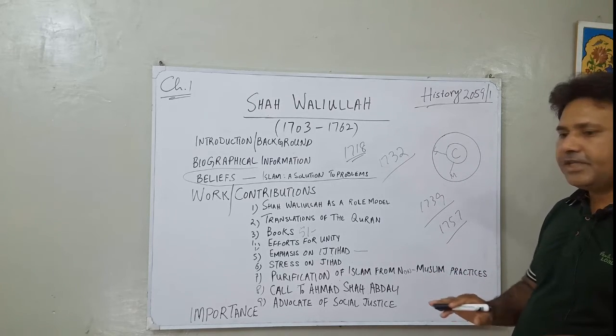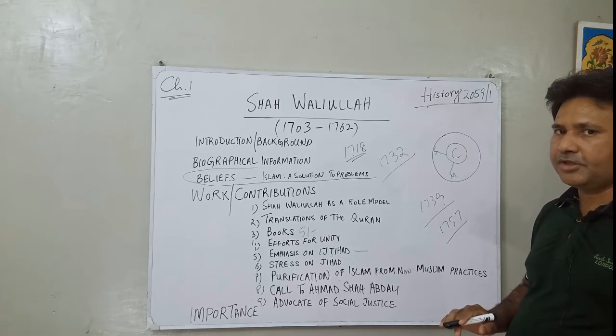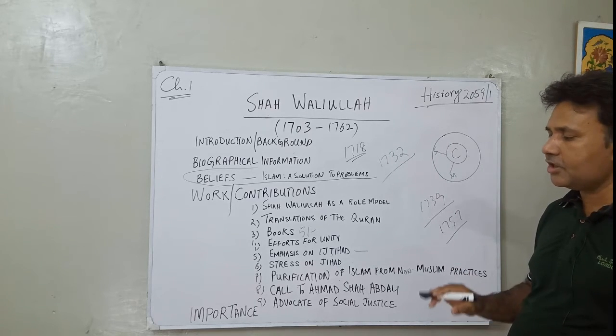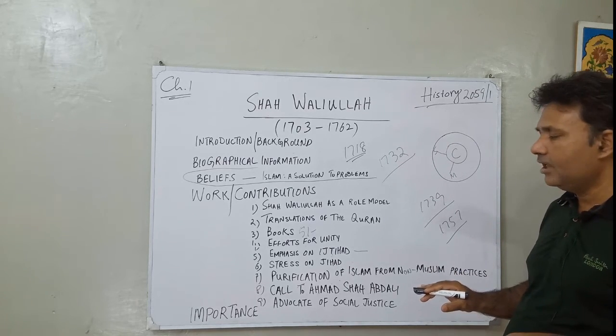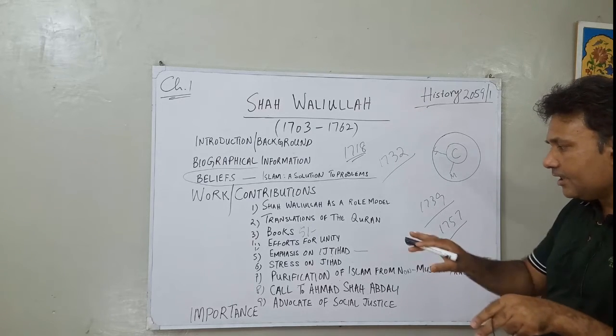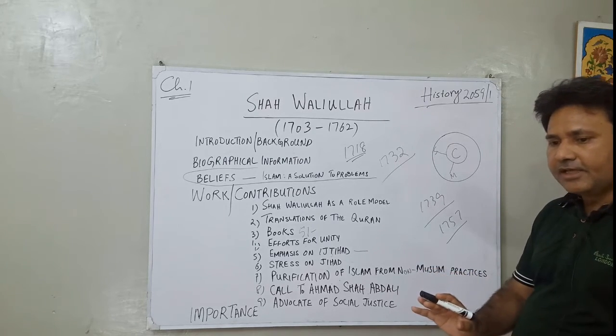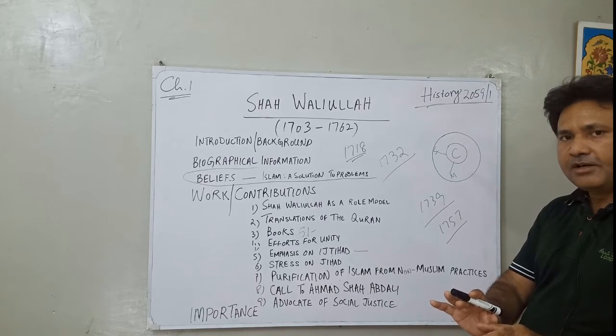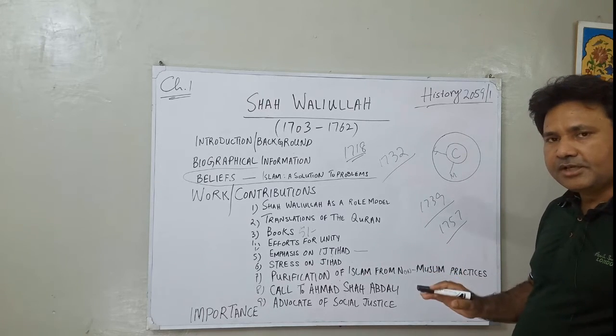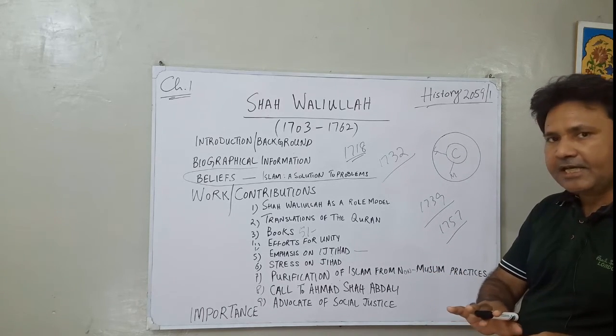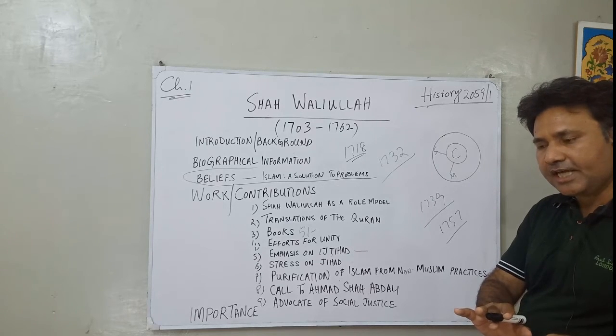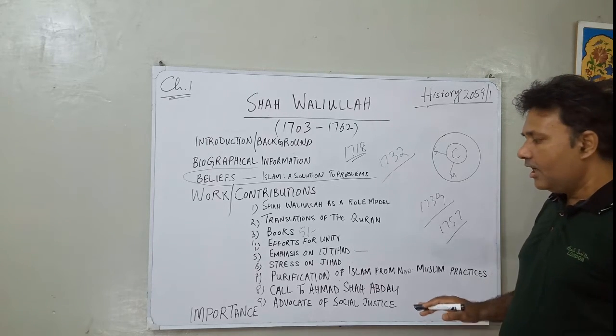Now, basically Shah Waliullah had four sons: Shah Abdul Ghani, Shah Abdul Aziz, Shah Abdul Qadir, and Shah Rafiuddin. Out of all these sons, they were the accomplished scholars of their time, and they carried forward the work and contributions and ideas of Shah Waliullah.